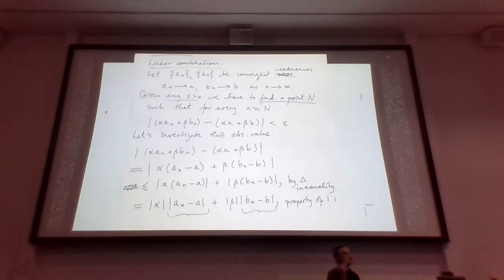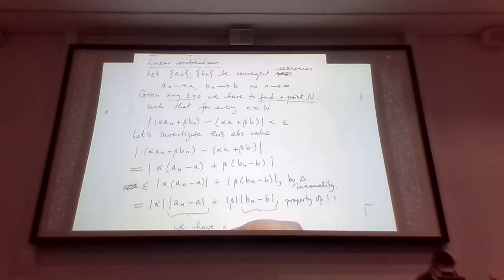We know an is convergent to a and bn is convergent to b. So we know that if we wait around long enough, meaning look at high enough values of the index little n, this absolute value gets very, very small. It can be made smaller than any positive value. And the same thing can be said for this one. If we wait around long enough, this absolute value of bn minus b will become as small as we want. Okay? So that gives us control.